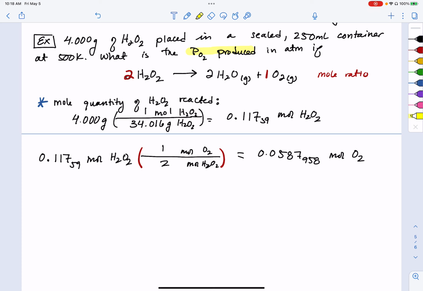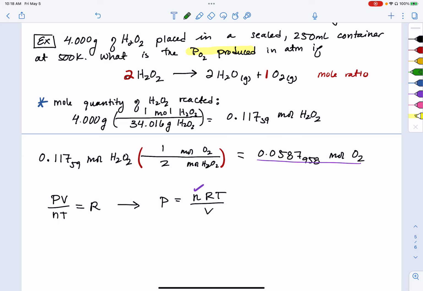And let's remind ourselves about what we're looking for. We are looking for the pressure. So since we want the pressure, I'm going to use the ideal gas law. Let's rearrange this to solve for pressure. So P is equal to nRT over V. I have my moles. I know R, that's a constant.